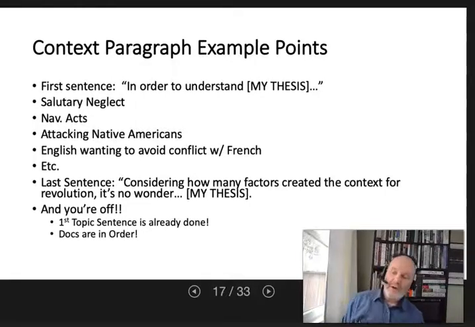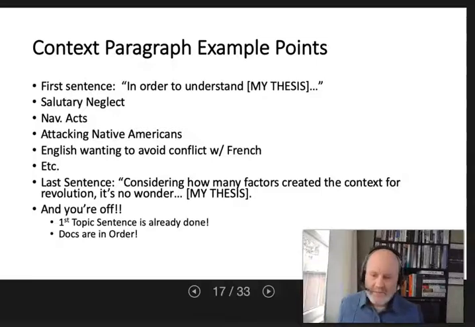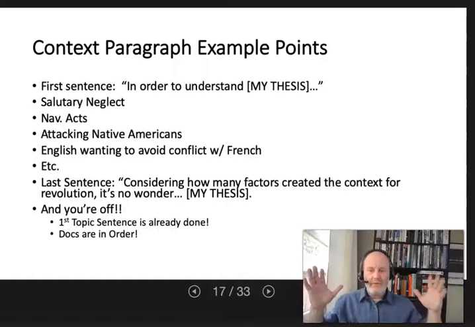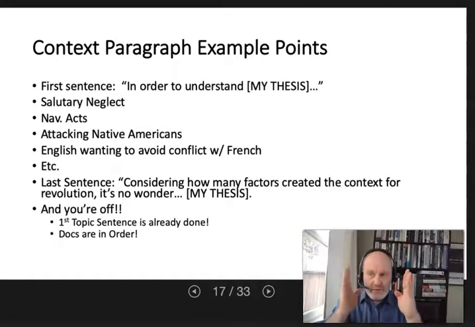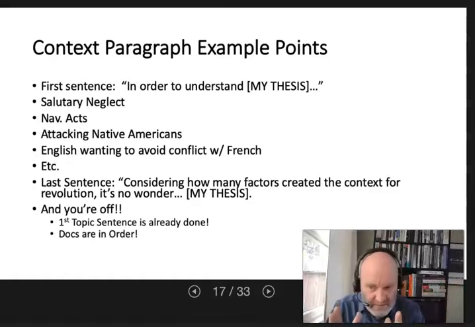And then again, if you want to be really formulaic with it, your last sentence can be something like, considering these factors, it's clear how my thesis is right. So that you're constantly reminding the reader of your thesis, and you've taken them from introduction, thesis, context, thesis.